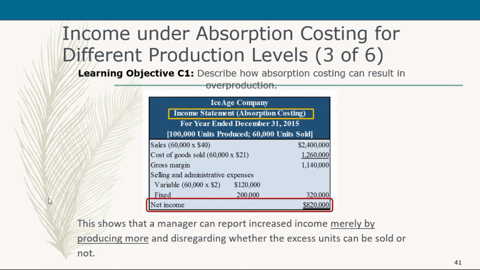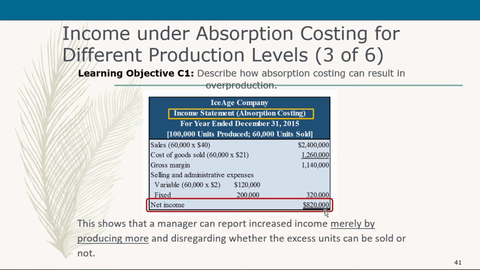So, we have here your income statement under absorption costing wherein your units produced is 100,000 units. And then we have 60,000 units sold. So, we have now a net income of $820,000.